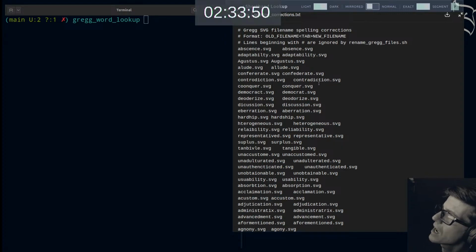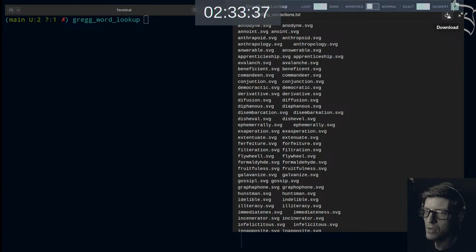Or was it, it's a CSV, comma separated values. This would be a TSV, a tab separated values table. Okay, so I'm going to download this listing here, a .txt file and a .sh file. Both files are ready to go.